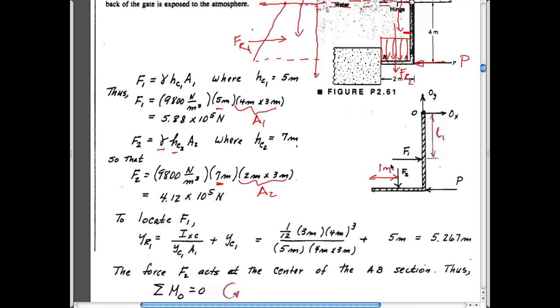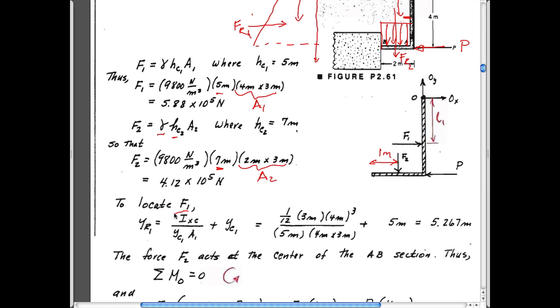The calculation for this one is this: the second moment of area about the centroid, divided by the depth of the centroid times the area A1. The second moment of area about the centroid is this expression here.